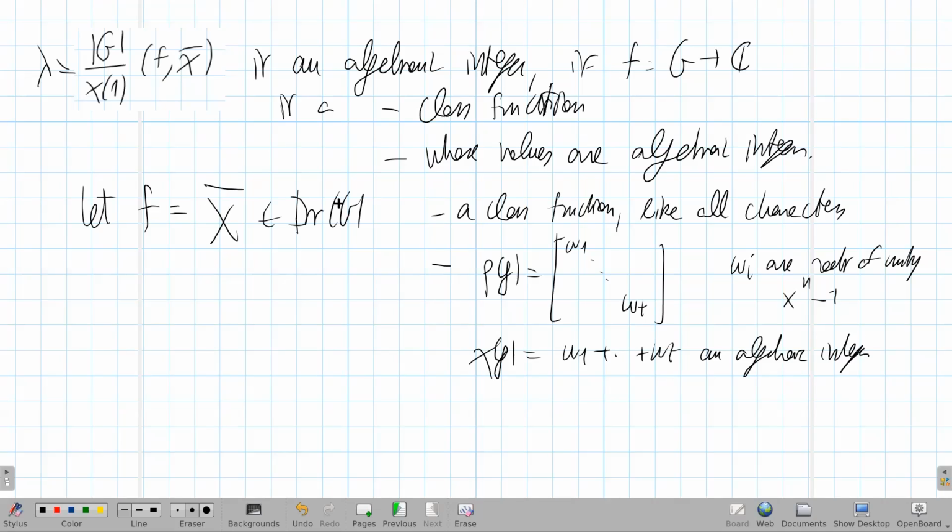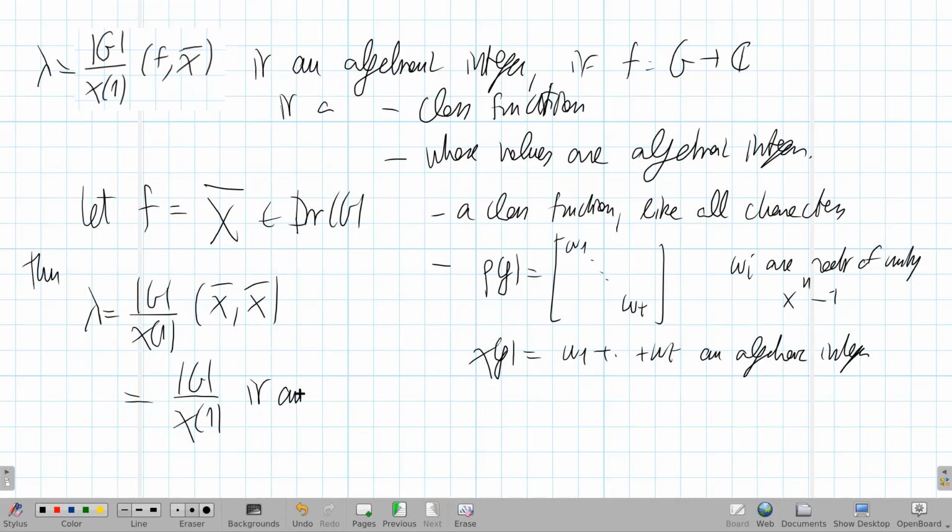Okay, so you plug this here and you find that lambda equals the order of G over the inner product of chi and chi bar. This is an irreducible character, so the inner product with itself is 1. So this is an algebraic integer.